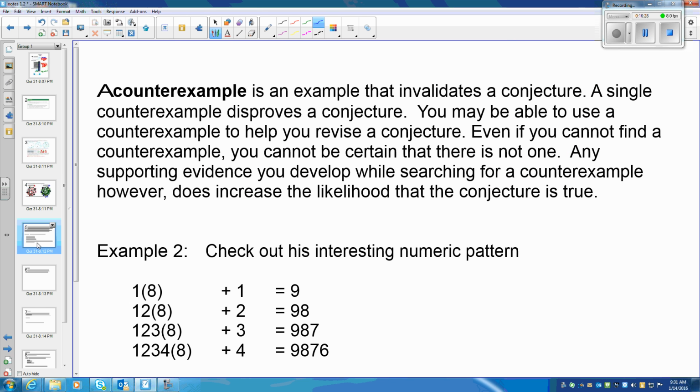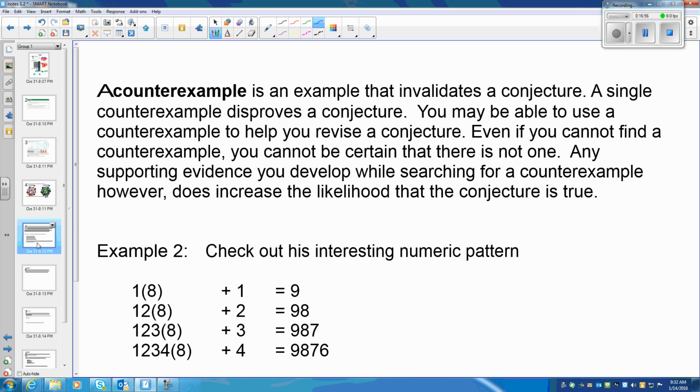Let's talk about a counterexample. Counterexample is a big fancy word. Is it really fancy? A counterexample is just a case that invalidates the conjecture. It proves them wrong. A lot of times you guys go, well, what about this in science class? What about this? When we're talking about certain theories or laws, that's you guys trying to do a counterexample of a case that might work.